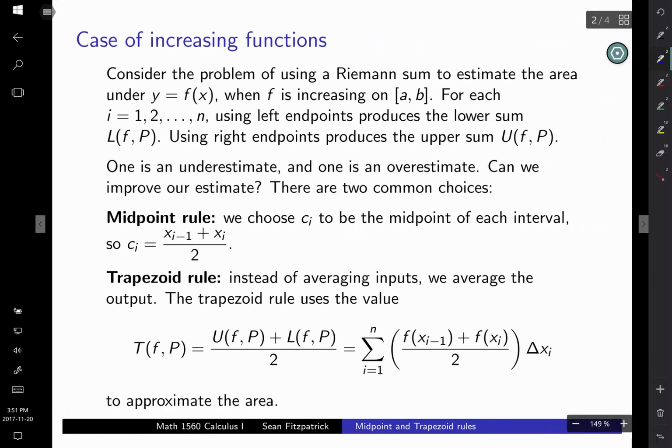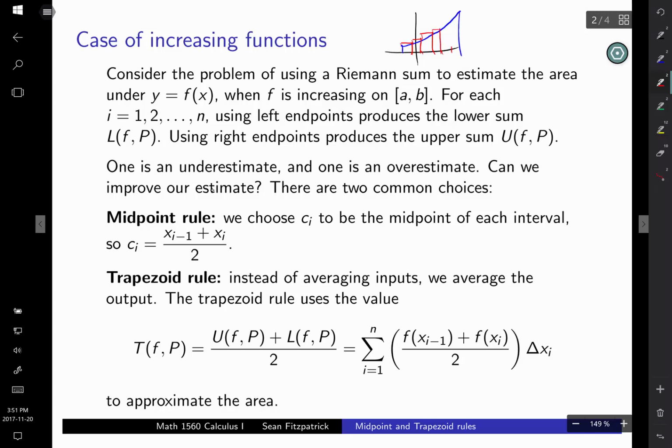Alright, so one of the things that we've seen in some of the examples is if you're dealing with an increasing function, where the graph is going up, and you want to calculate the area under this graph, and you choose your partition and you decide to use right endpoints for each of your subintervals, well then you always get an overestimate.